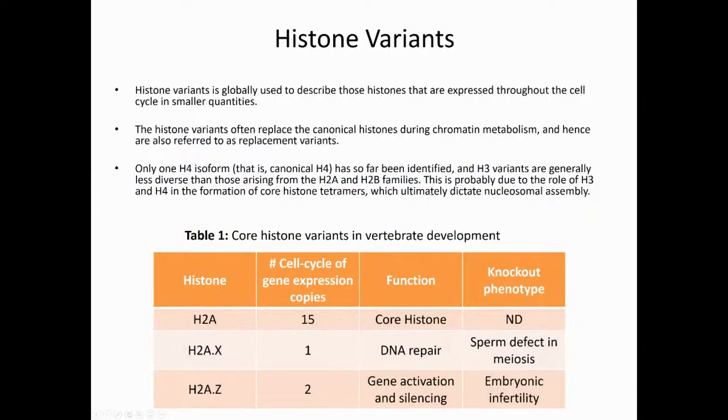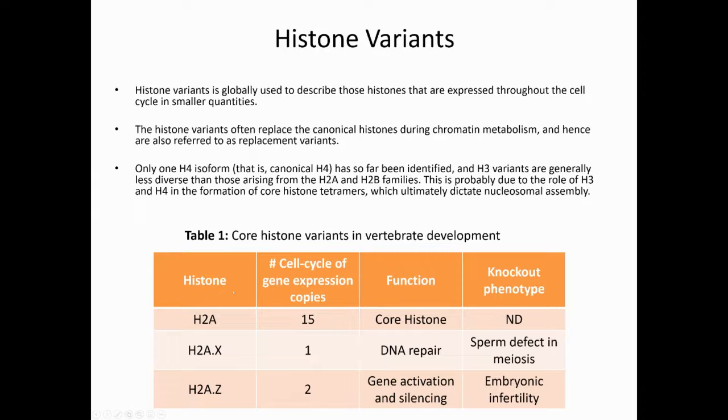And then of course there are several different histone variants. Basically, the histone variant depends on the stage and also the organelle, and different types of core histone will be incorporated into the nucleosome.